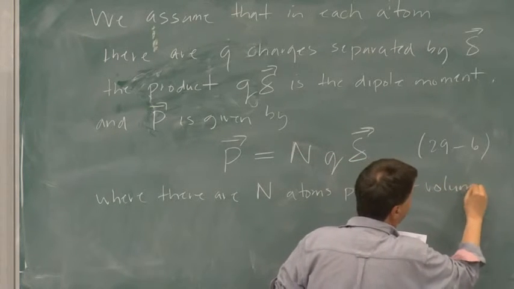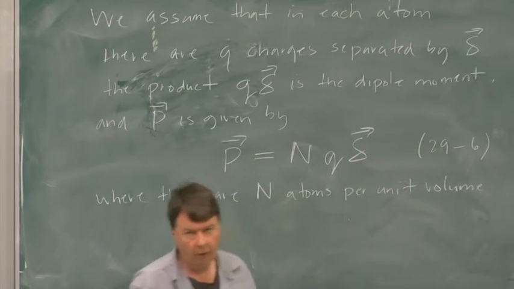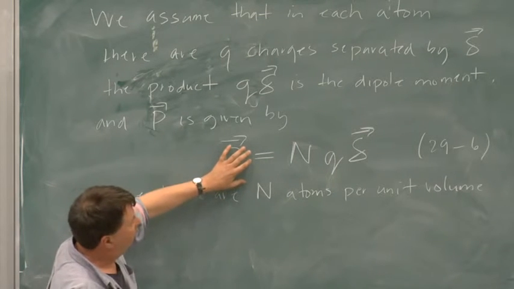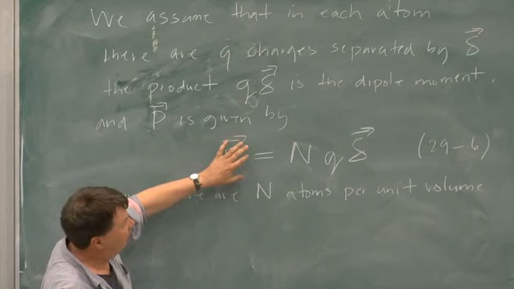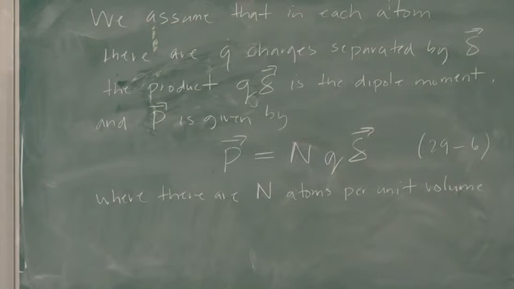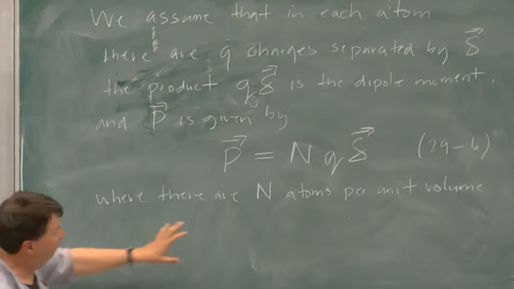So it's got some awkward units. I'll come to this in a minute. But basically, this gives the electric field per unit volume produced by this polarization effect. So this polarization vector gives you, if you like, the dipole moment per unit volume.